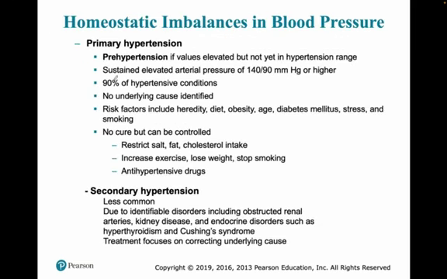For example, primary hypertension. This means you have an elevated arterial pressure of 140 by 90. We can have a pre-hypertension range, which means it's there, but it's not yet completely hypertension. Sometimes you're hypertensive, but not all the time.